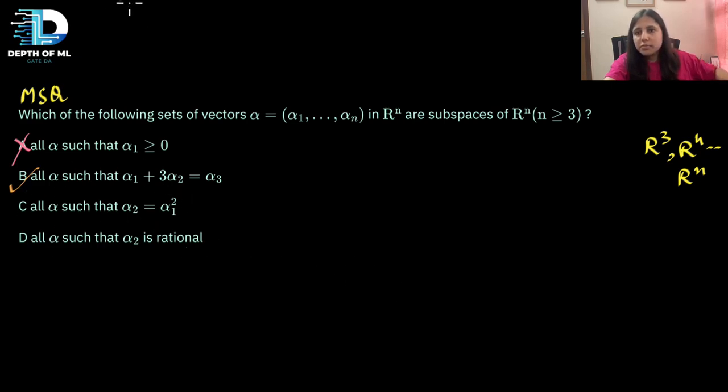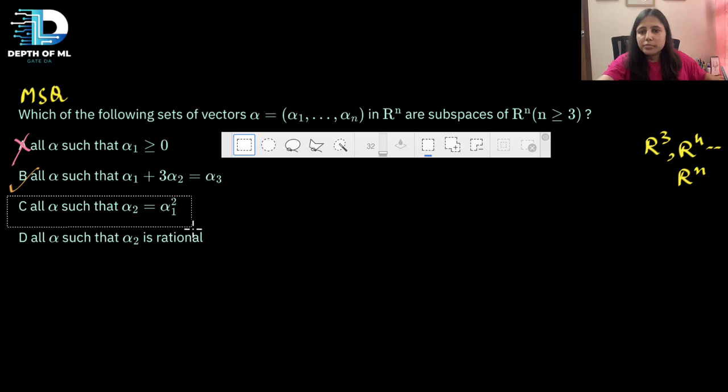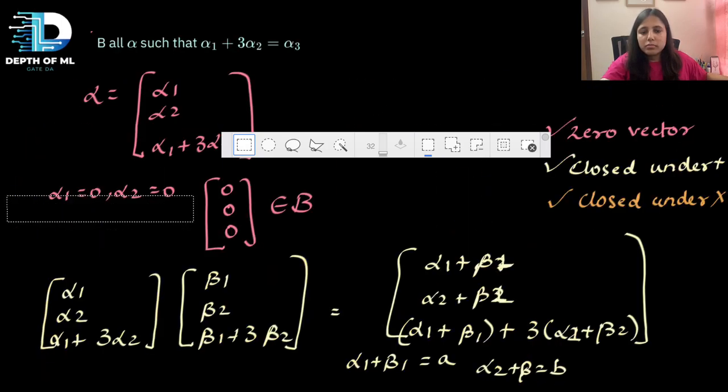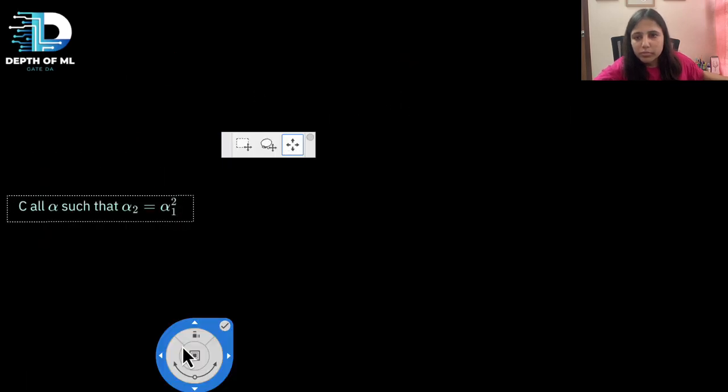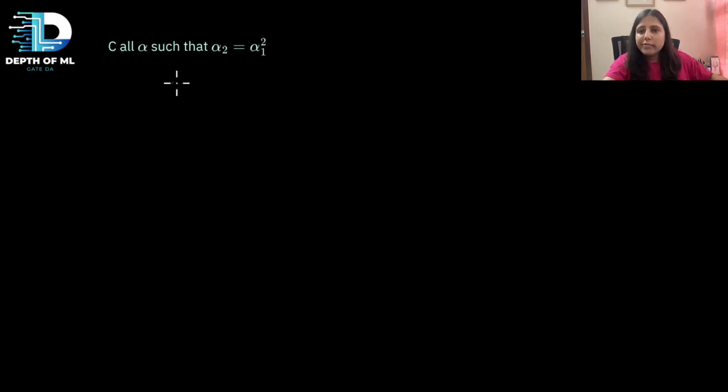Now let's check this next option. Here you have alpha 2 equal to alpha 1 square, and alpha 3. It is very easy to see that this will not hold under addition.